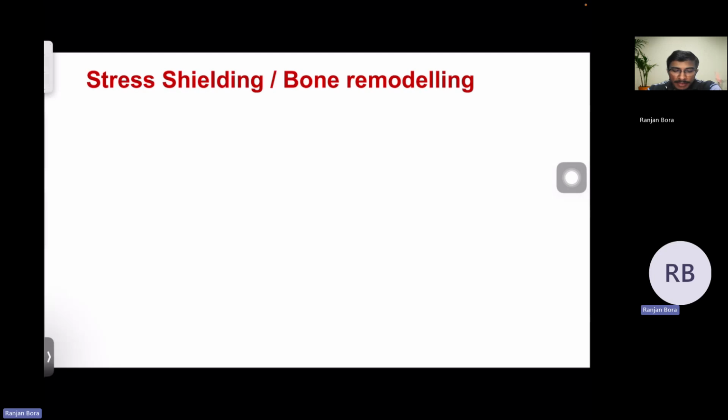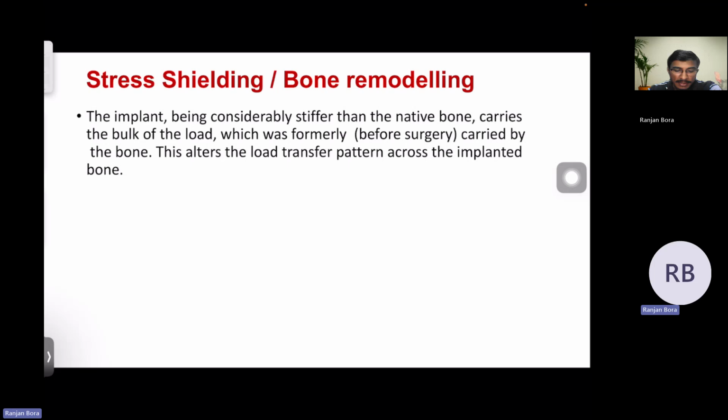One concept was about stress shielding and bone remodeling. What is stress shielding? When, after some surgery, we put an implant inside the bone, we observe the stress shielding phenomenon, because the implant, being considerably stiffer than the native bone, carries the bulk of the load which was formerly carried by the bone.